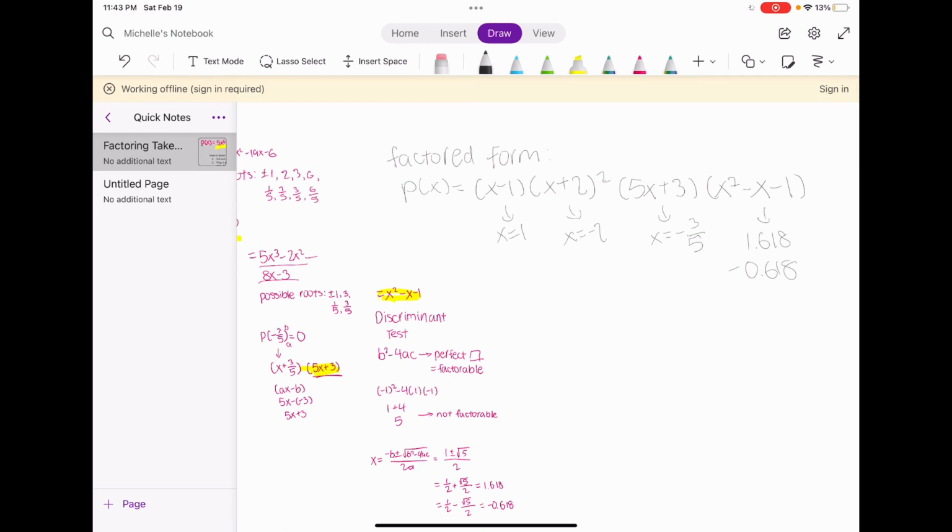This is where I'm going to introduce our final theorem. It's called the fundamental theorem of algebra. Very fancy name.